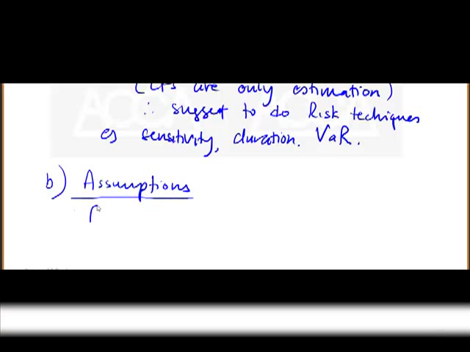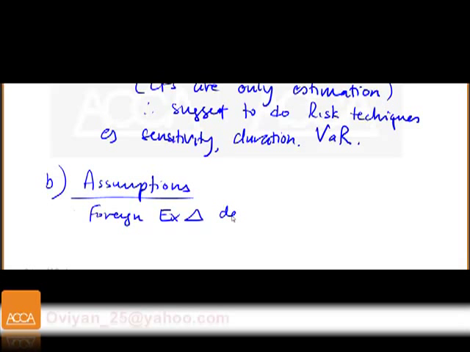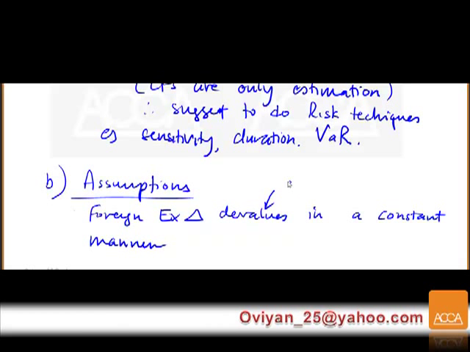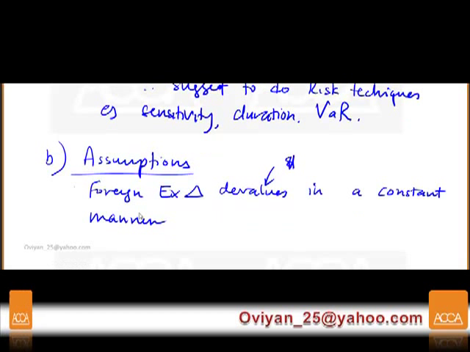The first assumption is going to be foreign exchange. Foreign exchange devalues in a constant manner. When I say devalue, I'm talking about the dollar. The dollar is going to devalue in a constant manner.